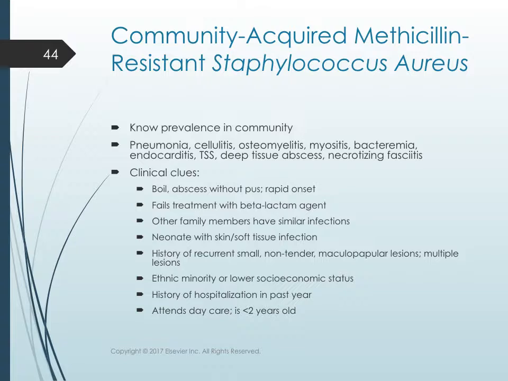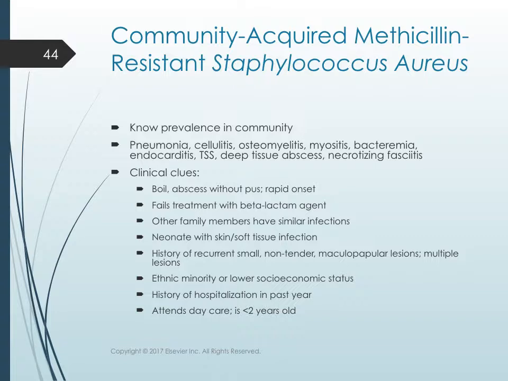Clinical clues to MRSA being the offending agent are boils. We talked about this already. So furuncles or boils are often associated with MRSA. If the infection fails treatment with a beta-lactam antibiotic, we have to think that it could be MRSA.